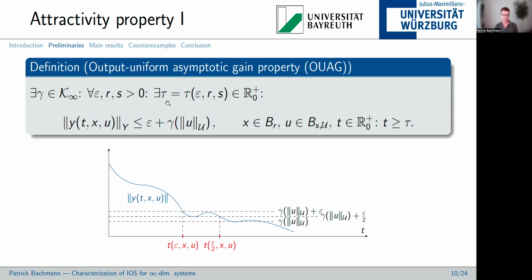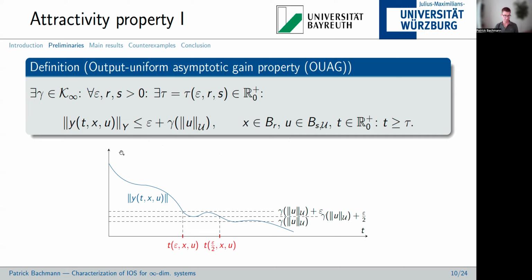So we have here some time tau, and for bounded x and bounded u, we will have a fixed epsilon that we come into a neighborhood of this gain radius gamma of norm u.